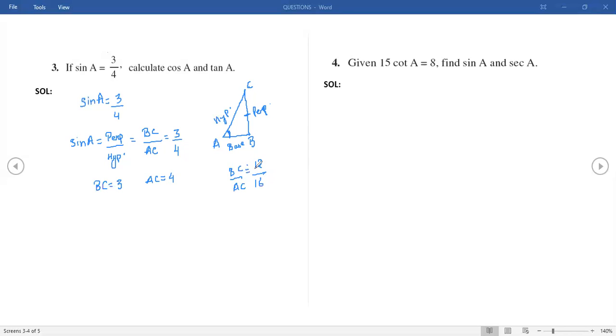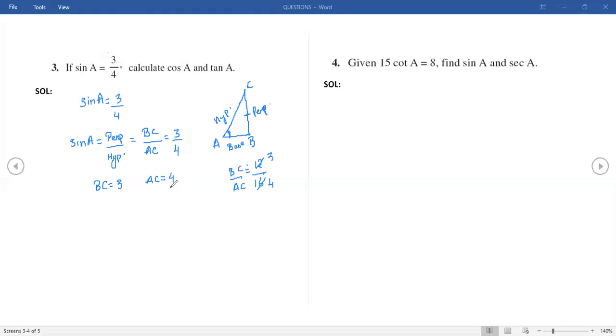Then also the ratio remains 3 by 4, since it is 4 into 3 and 4 into 4. So there can be an unlimited number of values possible in the ratio of 3 is to 4.